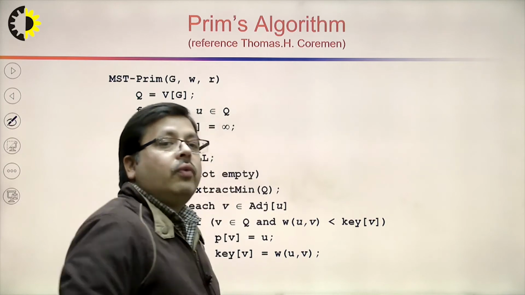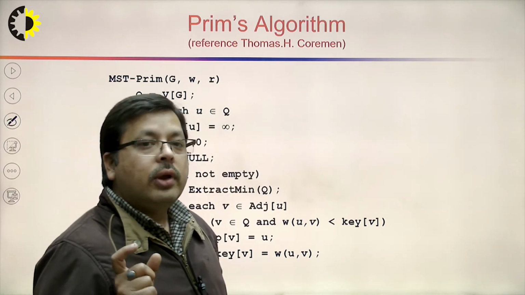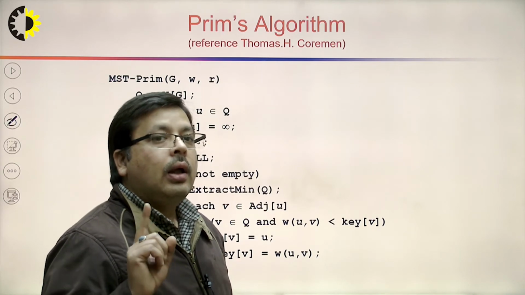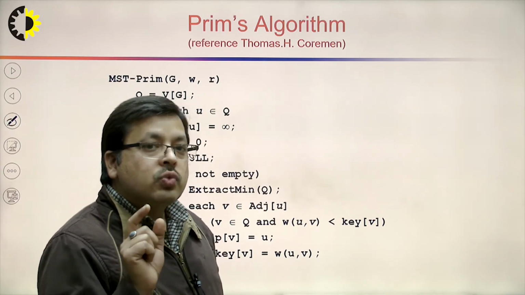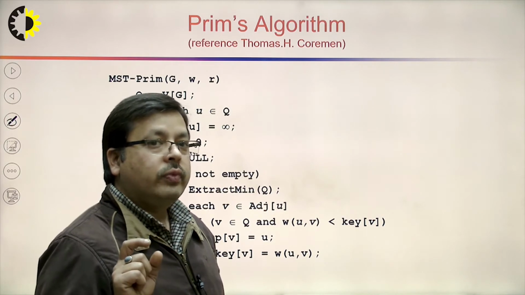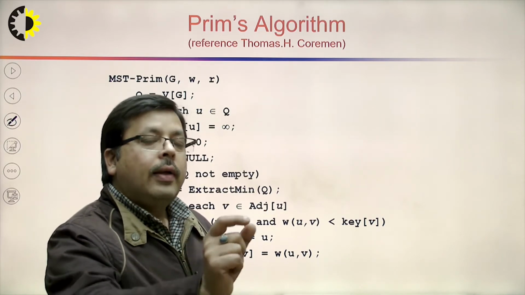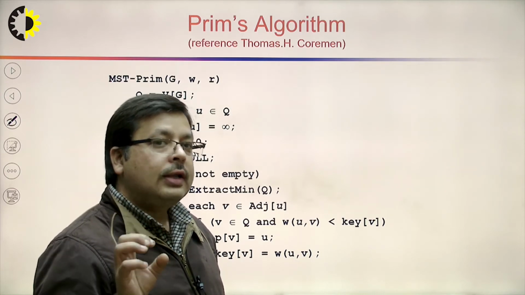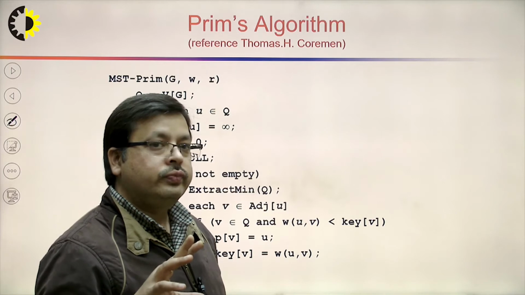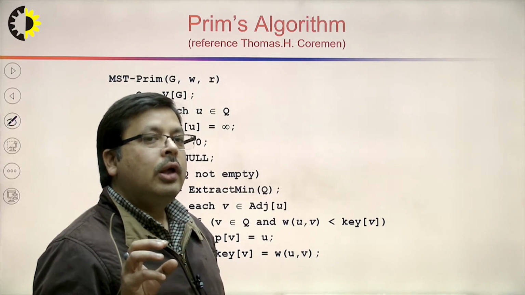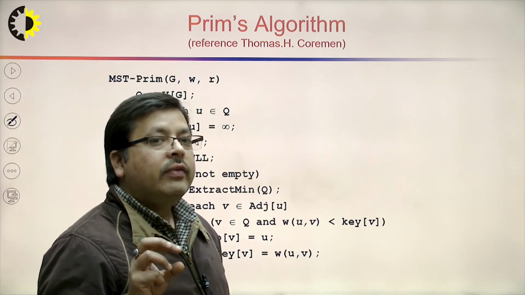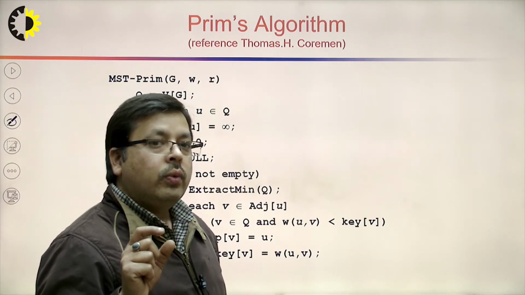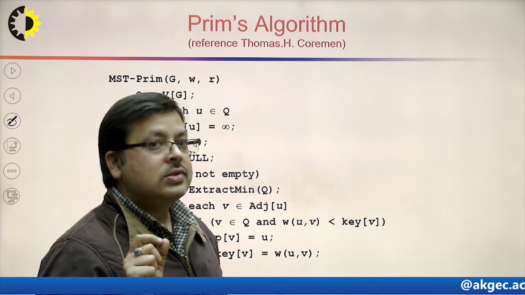We are given a weighted undirected graph, and we have to choose one arbitrary source, that means we choose a node. After choosing a node, we push all the vertices of the graph into a queue, and for each vertex in the queue we assign a weight of infinity.